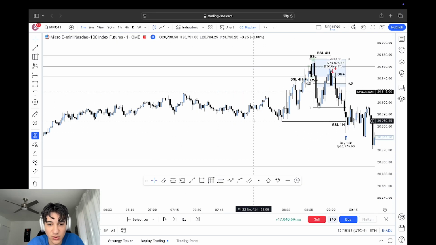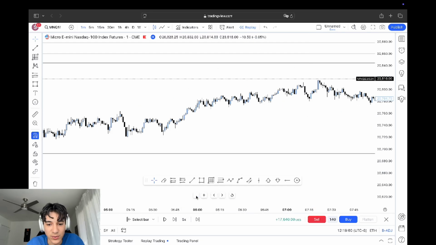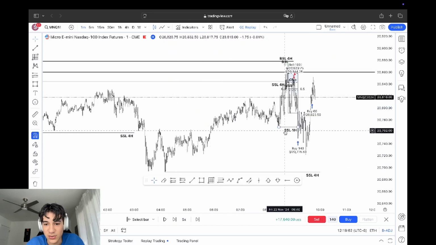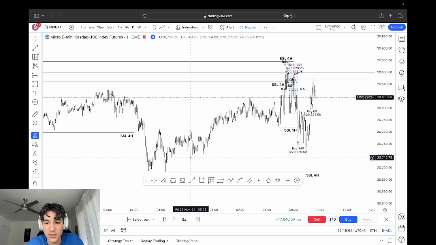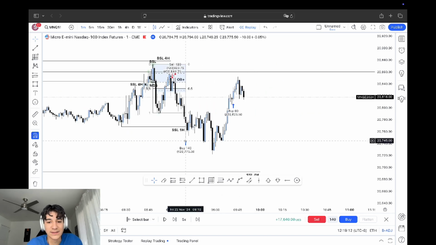This is the internal draw on liquidity here, and then down here would be the external draw. So you've got to take some. I could have maybe taken one here, but I like this 1 hour more. And that's pretty much it. That will be the end of the video.